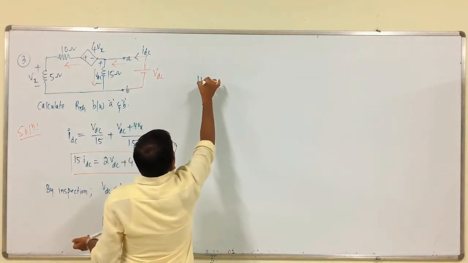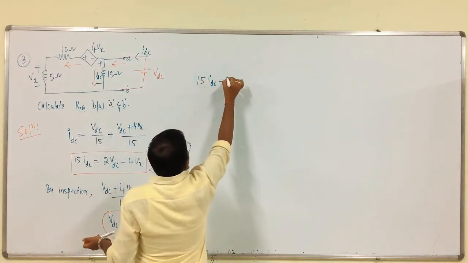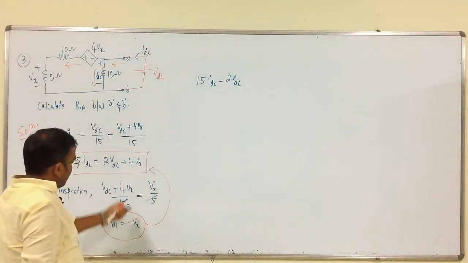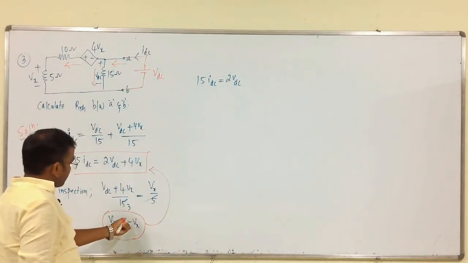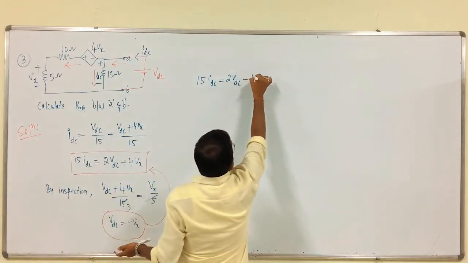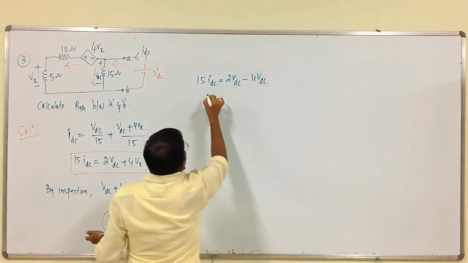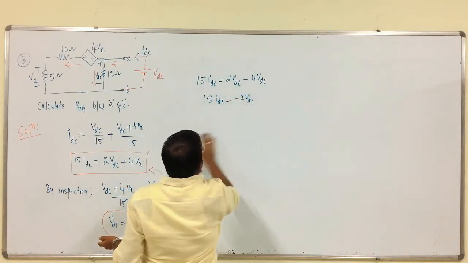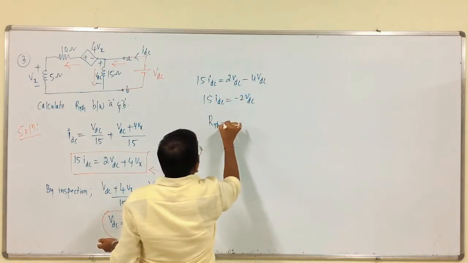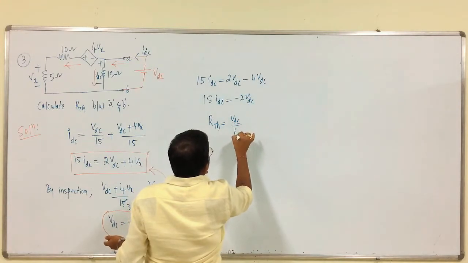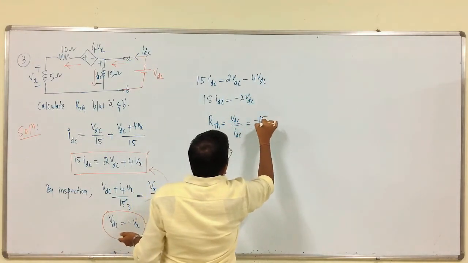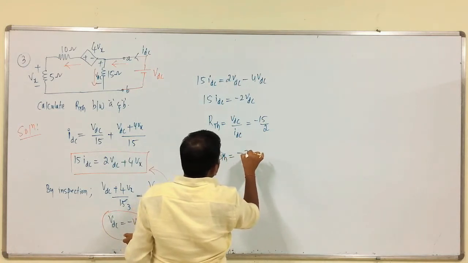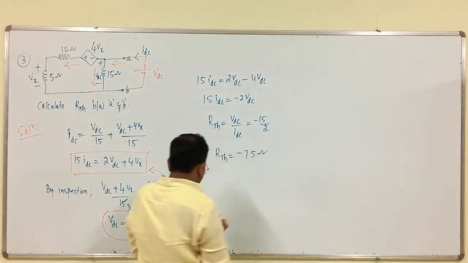Therefore, 15 IDC is equal to 2 VDC plus 4 Vx, so minus 4 VDC. 15 IDC is equal to minus 2 VDC. From this RTH, which is equal to VDC by IDC, is equal to minus 15 by 2. That is, RTH is equal to minus 7.5 ohms.